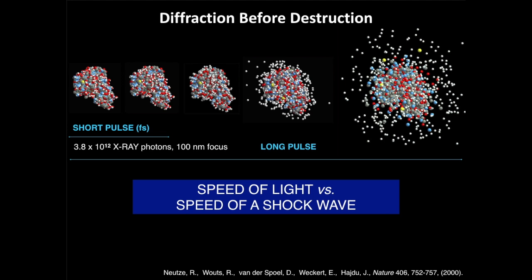If your probe is sufficiently short, we're talking here in femtoseconds, then you can probe your sample faster than the damage develops, and you will get an image of the undamaged sample, or with very little damage, so damage didn't have time to fully develop. While if you have a long pulse, say hundreds of femtoseconds or much longer, you start to get mostly the picture of the completely destroyed protein.